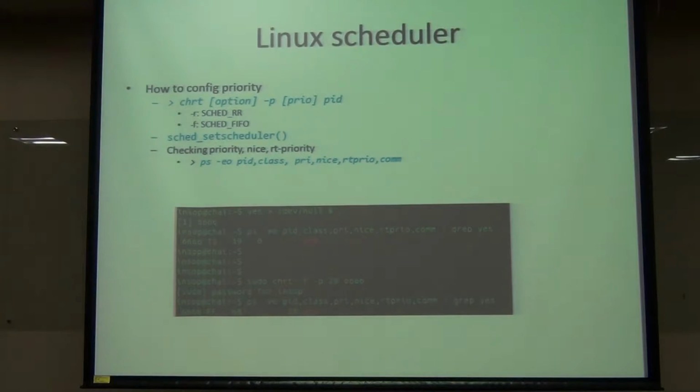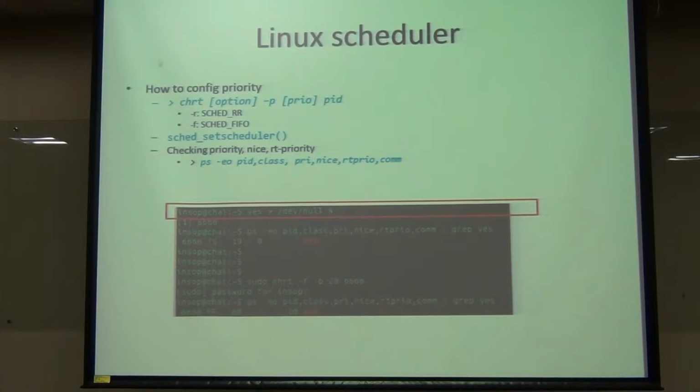So here I was using a test program called yes, which types yes, and if you just run it, it tries to hold the whole CPU. So I redirect it to /dev/null, and if I check it by typing ps, this value indicates the schedule type, TS is SCHED_OTHER, and the nice value is 19, and since this is not a real-time process, the real-time priority doesn't show anything.